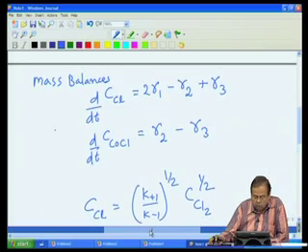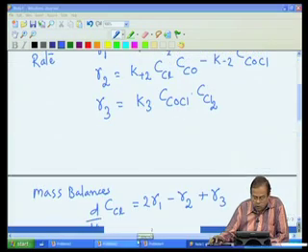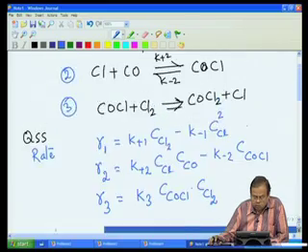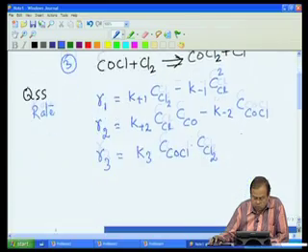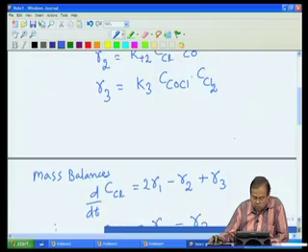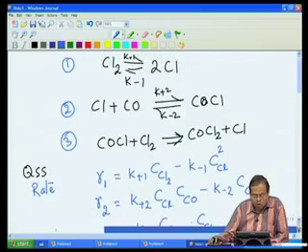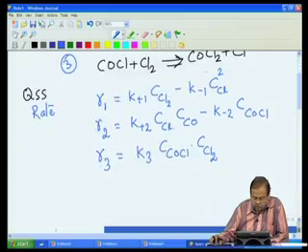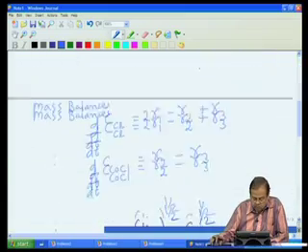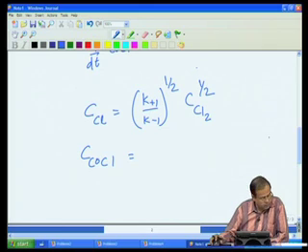All we are going to do is take this R2, R3, R1, use the quasi steady state condition and solve this, and this is what we will land up with.